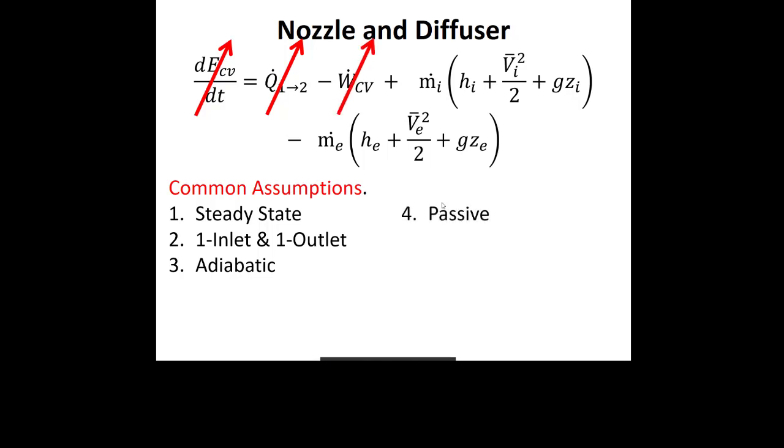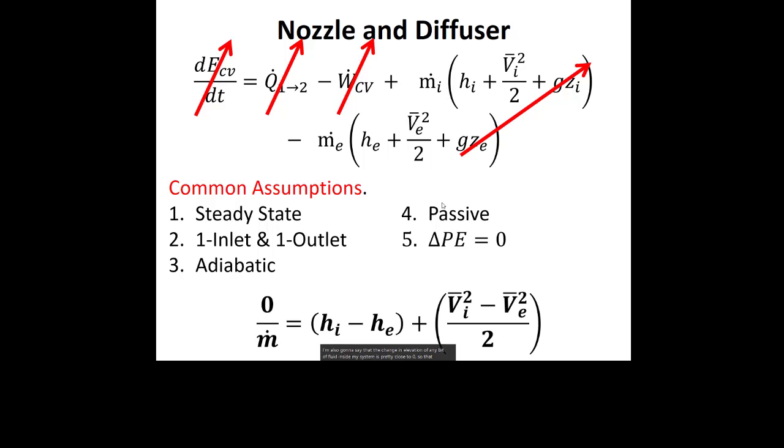I also look at my nozzle and I see that it doesn't have any fan blades on the inside of it. All that's happening is the area is either going down or going up. I'm also going to say that the change in elevation of any bit of fluid inside my system is pretty close to zero. So that potential energy term, I'm also going to say, goes away.